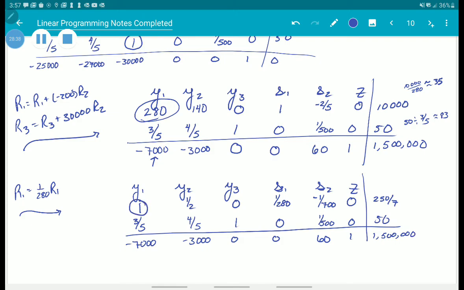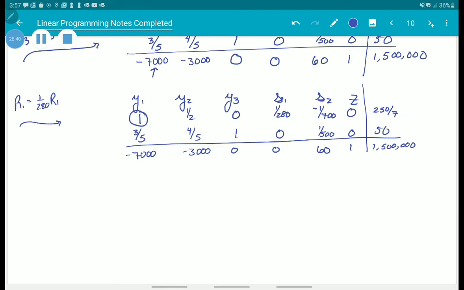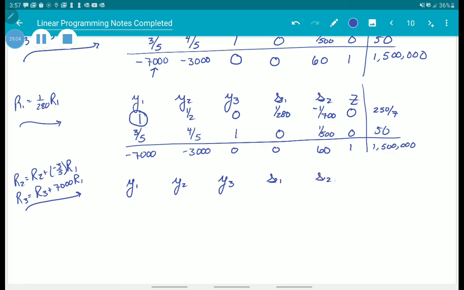Remember, we're pivoting there. So now we're going to take row 2 and replace it with row 2 plus negative 3 over 5 times row 1. And row 3 is going to be row 3 plus 7,000 row 1. So row 1 is going to stay the same. I'm just going to copy.